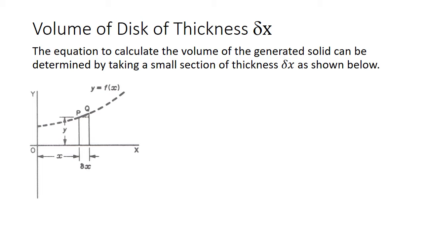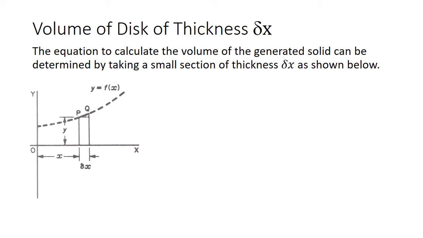If we want to generate a formula to work out the volume of the newly generated solid, we must first of all consider a small section of the solid. If we look at the function here, we pick our function as y = f(x), and if we pick any point along that function between the lower limit a and the upper limit b, we see here that the height of the function at this point is given by y.